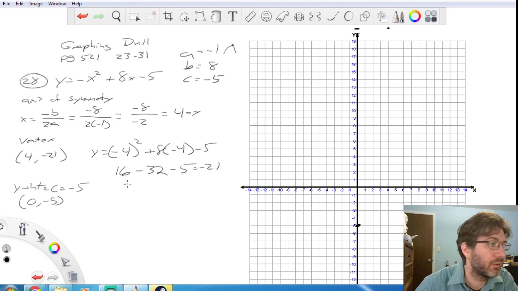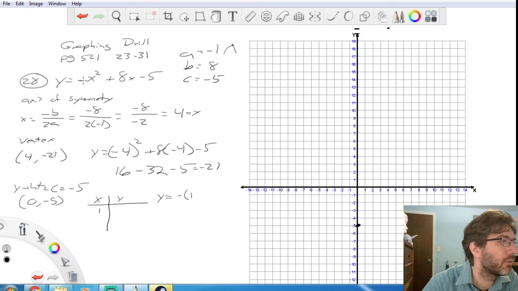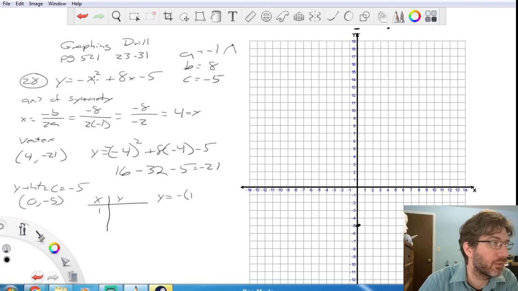And let's get another point in between, and let's do 1. So we get y equals negative 1 squared. Oh, this is wrong. This is a negative x. So this is a negative 16. So that's way higher than we wanted. Because we're just going to screw that up. I lost that negative sign there.